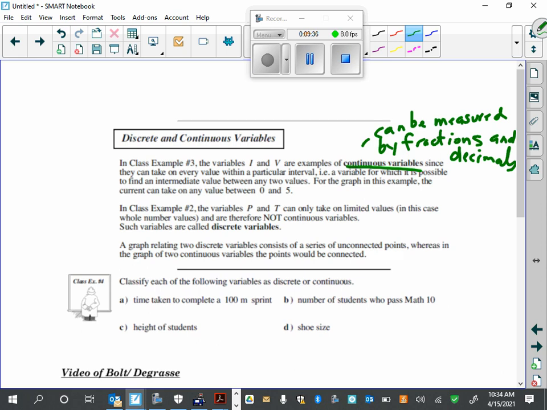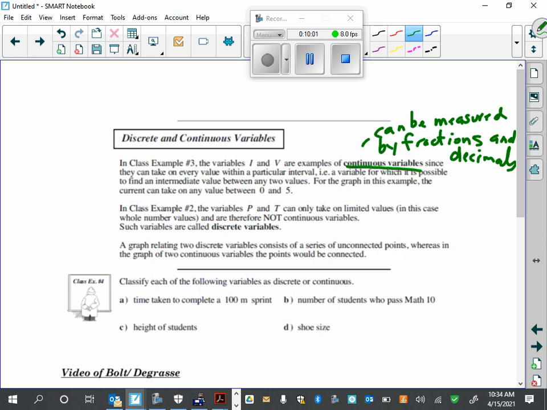So if we're talking about long jump, and I sprint my hardest, and I jump 1 foot after takeoff, just because I jumped one doesn't mean it's not continuous, because it could have been 1 decimal one if I had maybe flown with the wind a little bit.